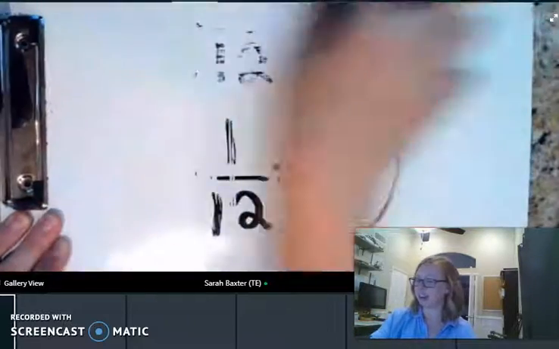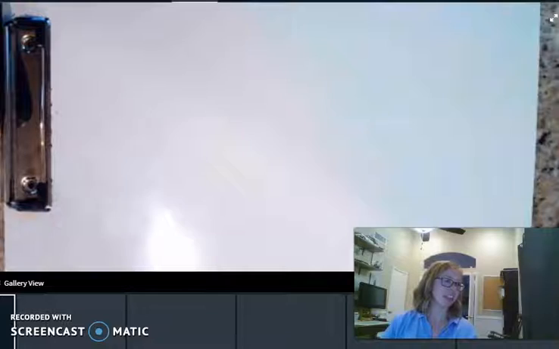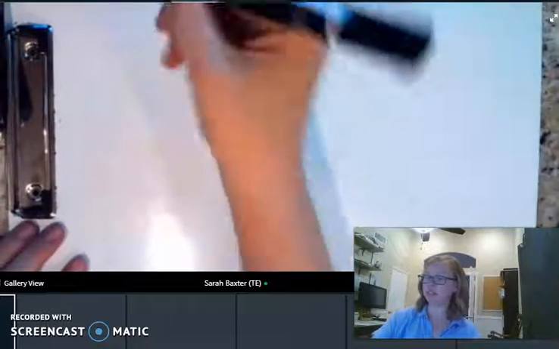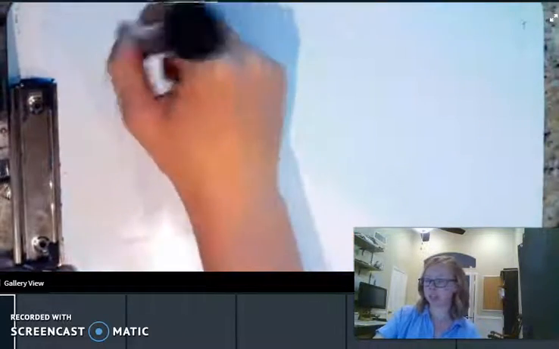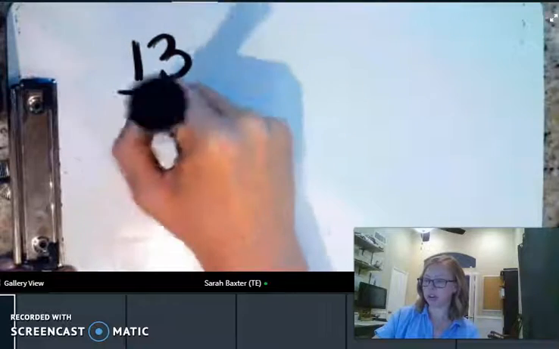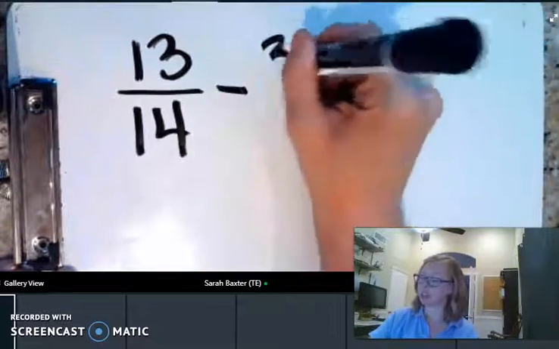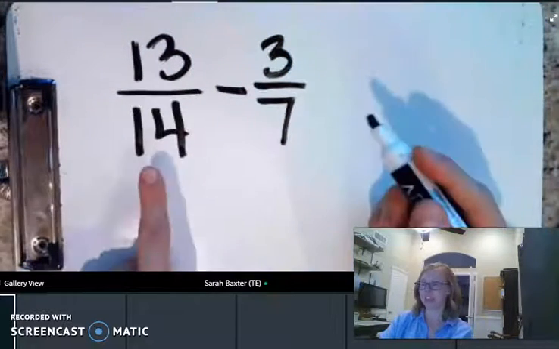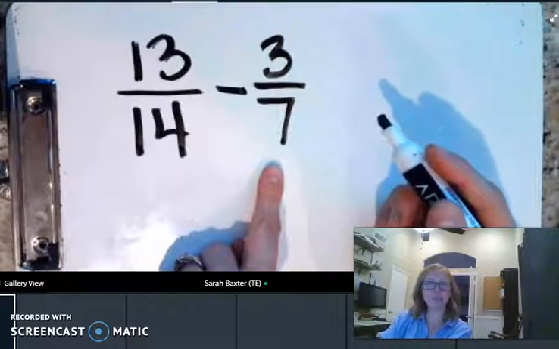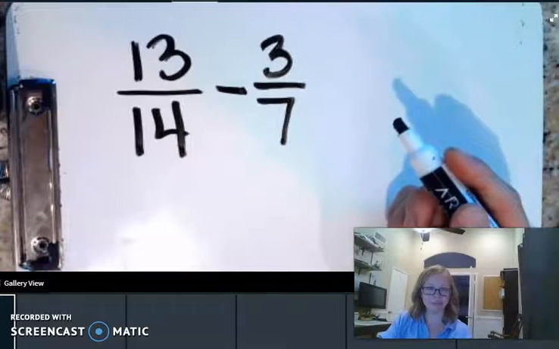Let's try another one here. What if we have 13, oops, scoot that down, 13/14 minus 3/7. Okay. As I look at these numbers here, I do not have common denominators yet.